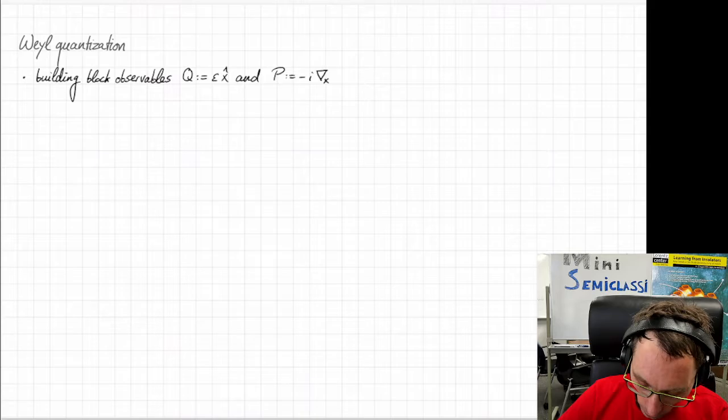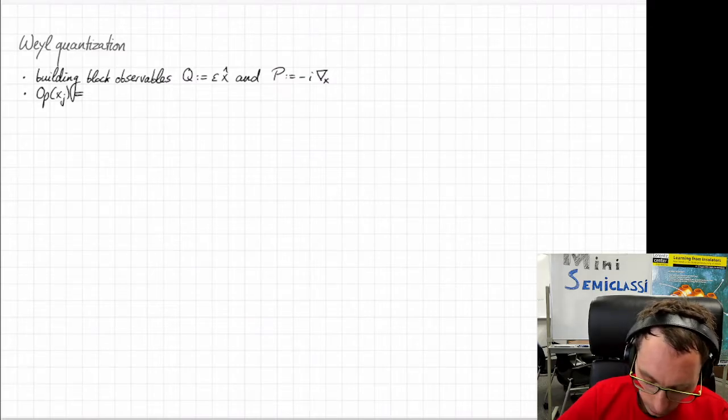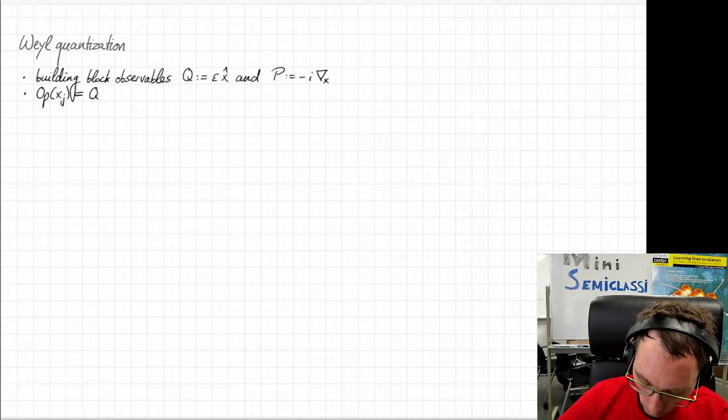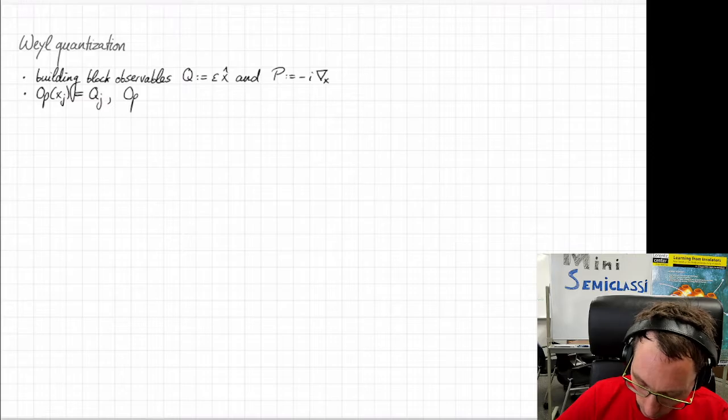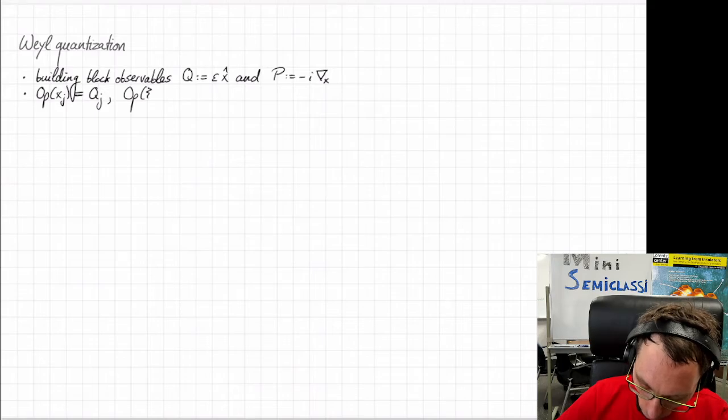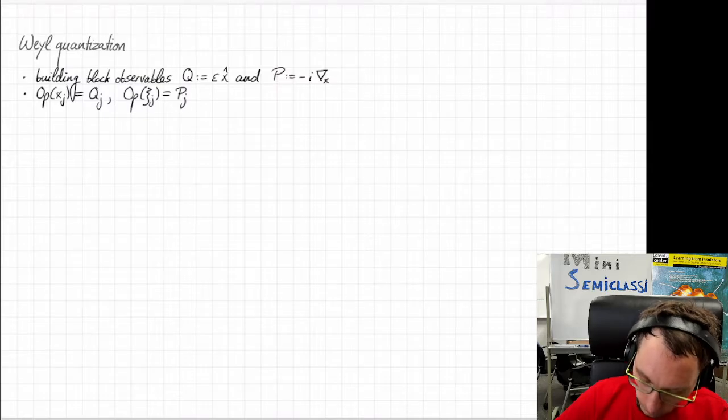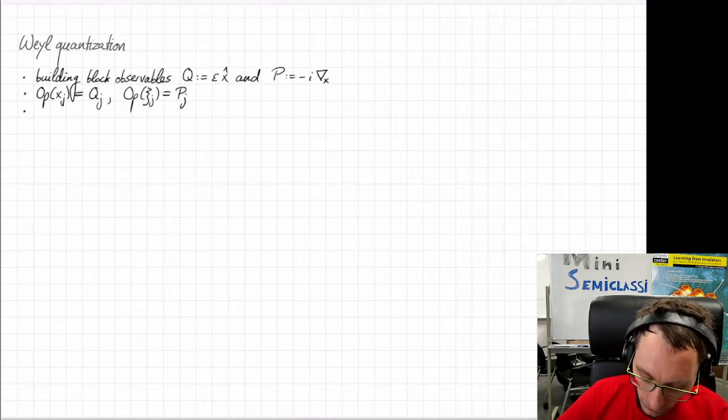And so this quantization map, as I indicated before, should map the classical observable xj onto qj and the classical observable xi j, which is the jth component of momentum, to pj. And these are characterized by the commutation relations, in this case the canonical commutation relations.